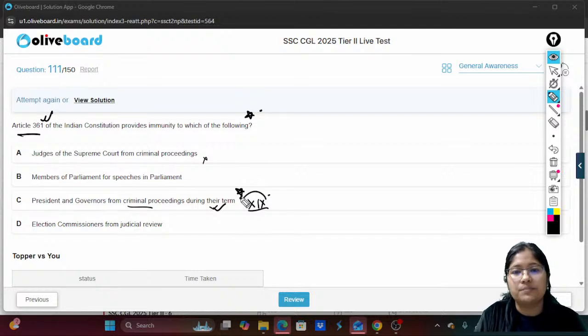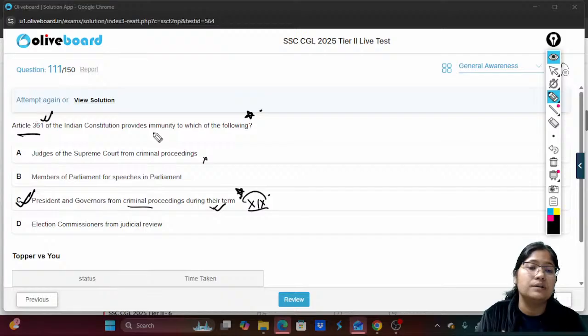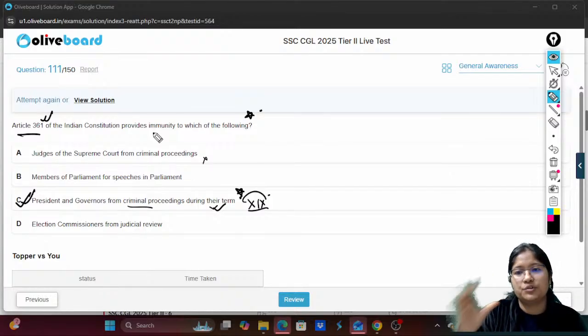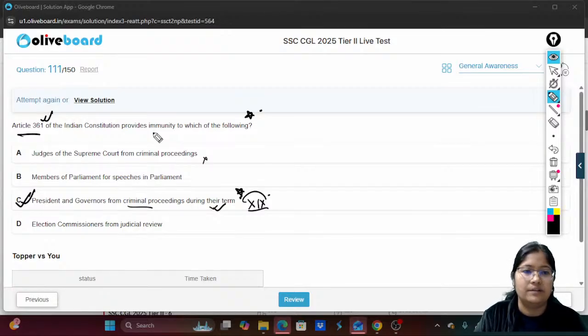It starts from miscellaneous, starts from Article 361, and the first one itself is the privilege, because of which some high office posts can do their functions without any interference, etc. So these provisions are there. All right.